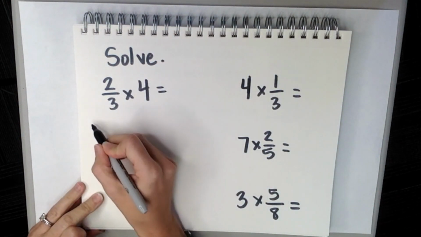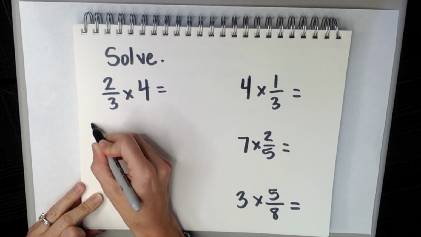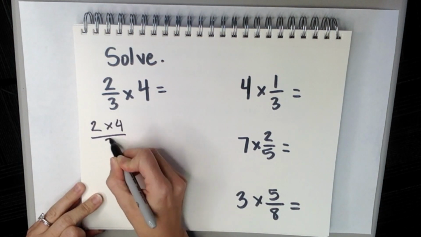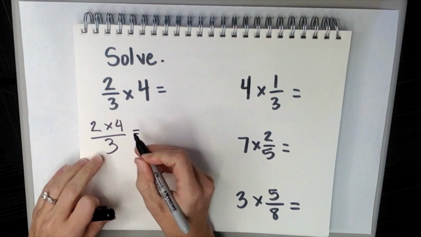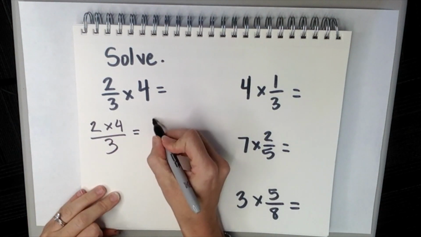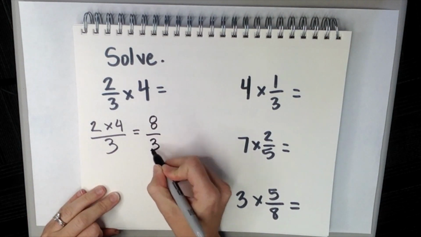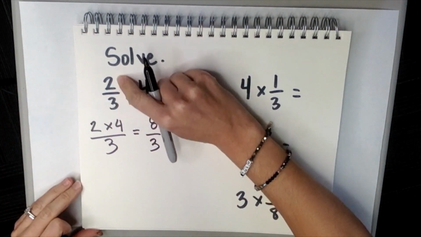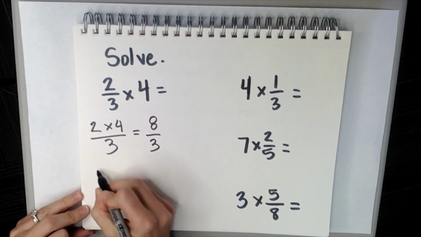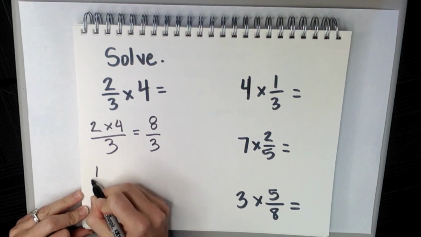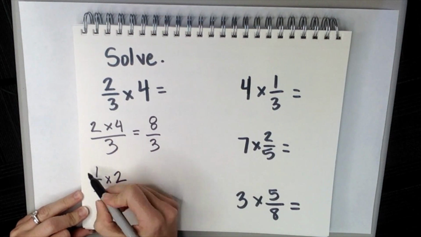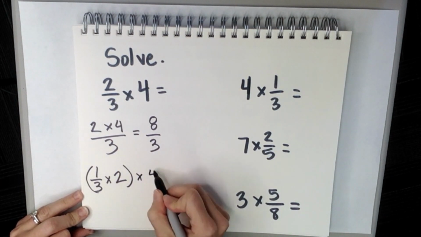So another way of looking at it is 2 times 4 over 3. So we only multiply the numerator and we get 8/3. Or we could think of it as the unit fraction of 2/3 is 1/3 times 2, because there's 2 of them, and that times 4.